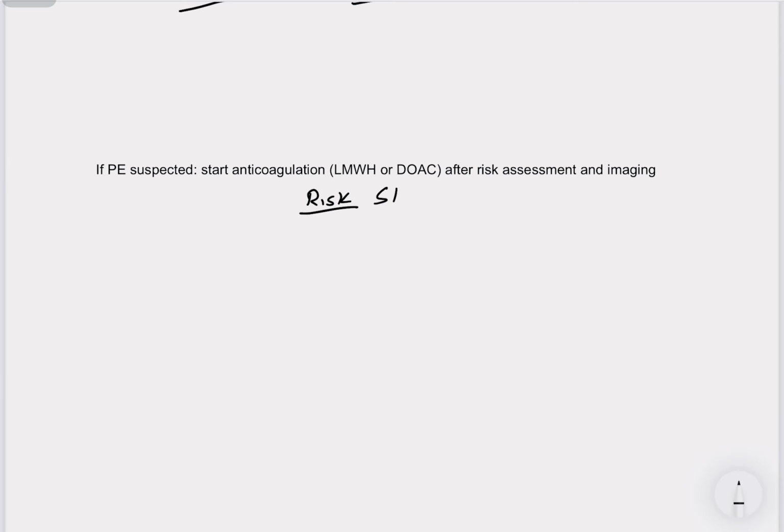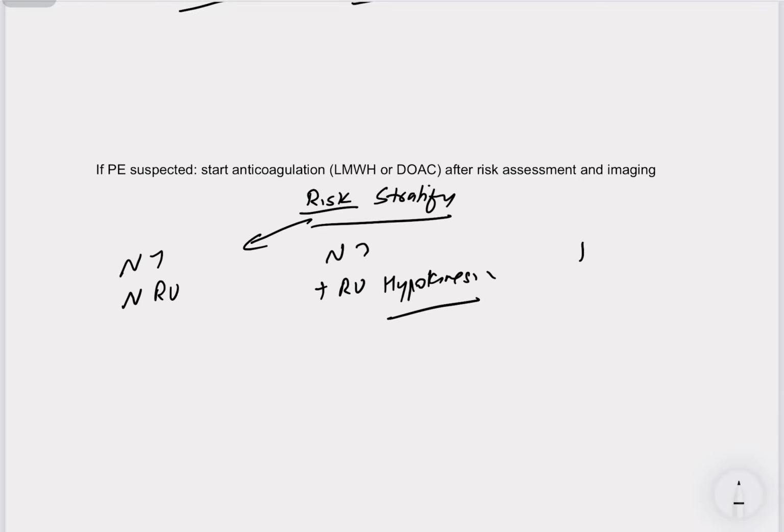You have to risk stratify the patient: normotensive with normal right ventricle, or normotensive plus right ventricular hypokinesia, or hypotension. If the patient is normotensive and there is no right ventricular strain, then we have to give secondary prevention only.